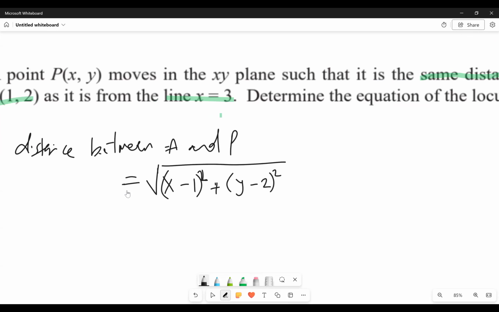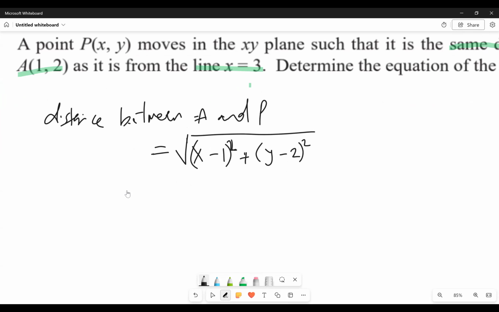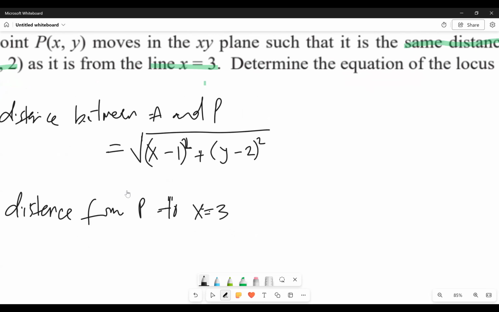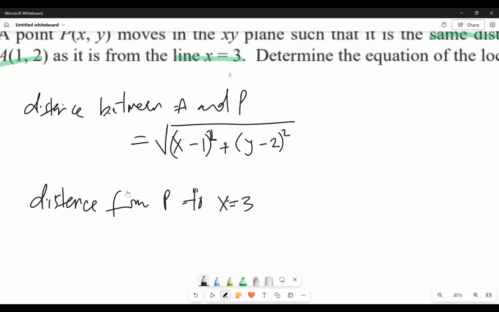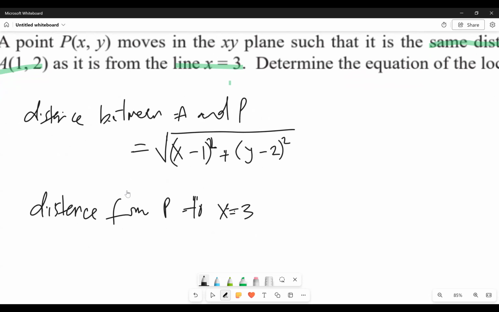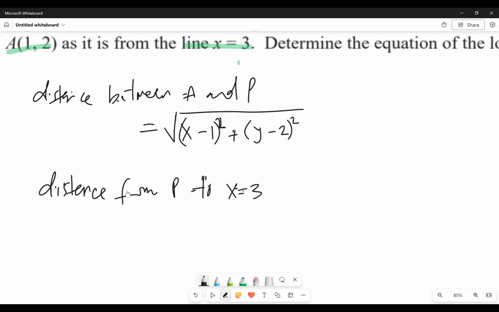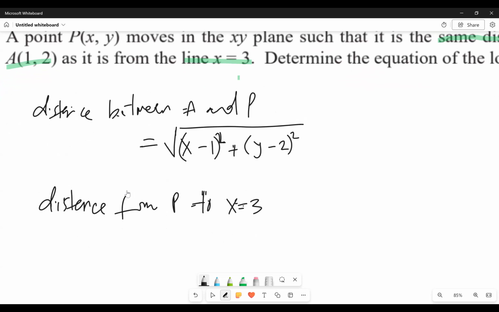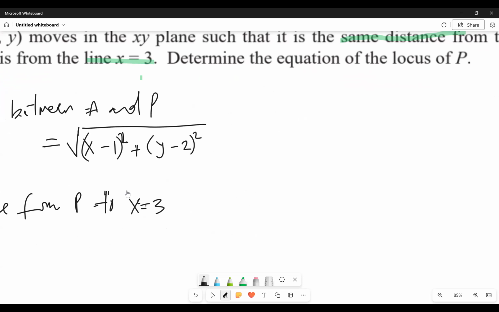I also mentioned the distance it has from the line x equals 3. What is the distance from P to x equals 3?